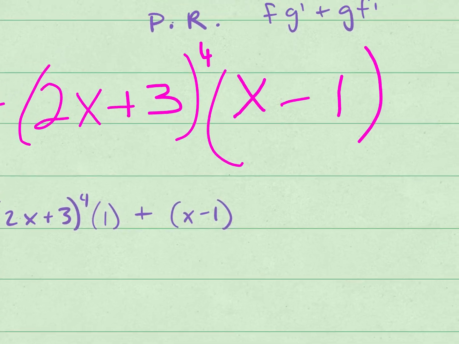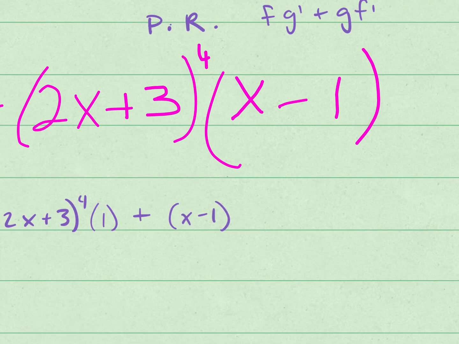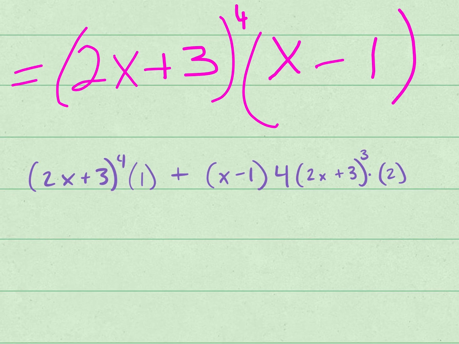What do we have to do to find the derivative of the first? Chain rule. So take the derivative of the outside. We get 4. The inside stays the same. 2x plus 3 to the 3rd power times the derivative of the inside. What's the derivative of the inside? 2. Let's do some simplifying.